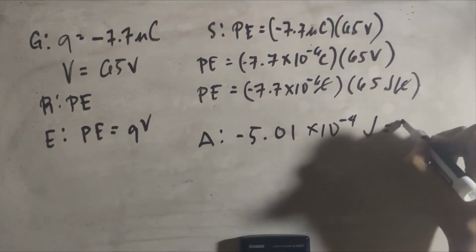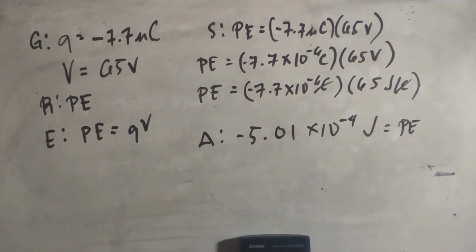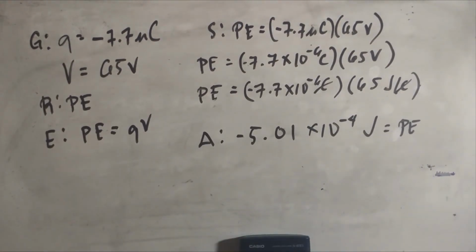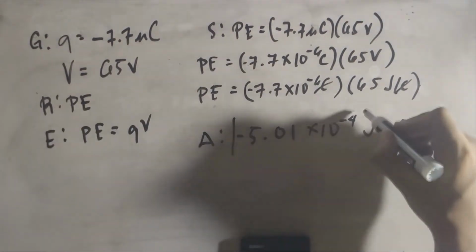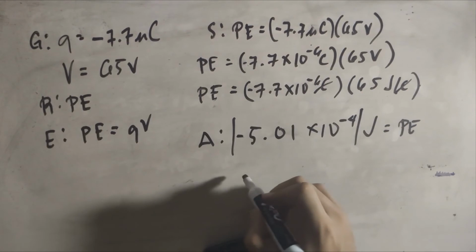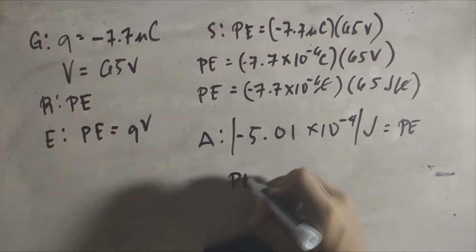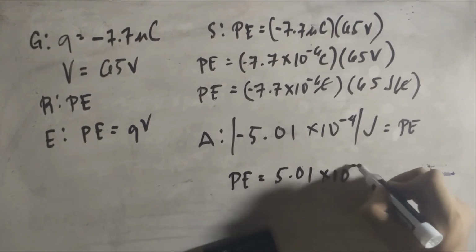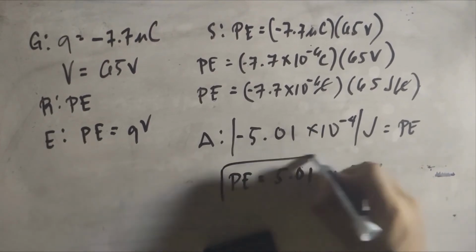That's the value of our potential energy. But as we have learned from the beginning of this lesson, we actually don't need the negative sign, so just find the absolute value. So the final answer is the potential energy is 5.01 times 10 raised to negative 4 joules. And that's it.